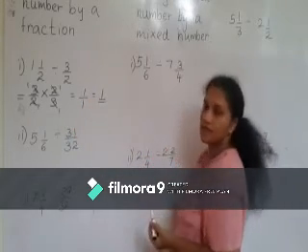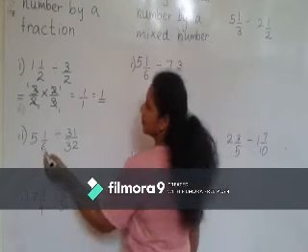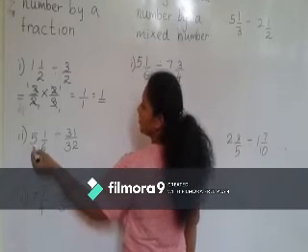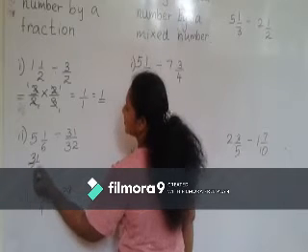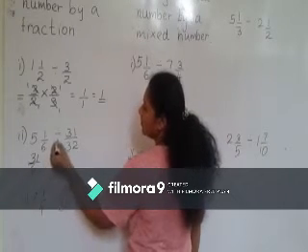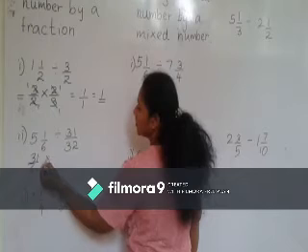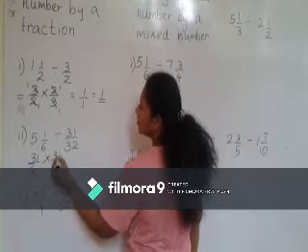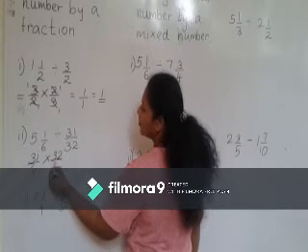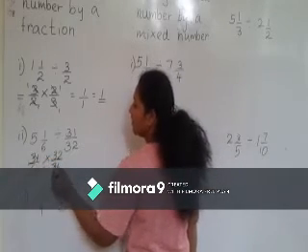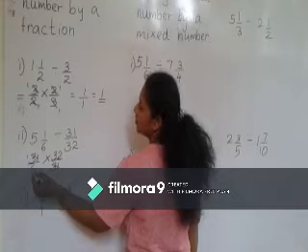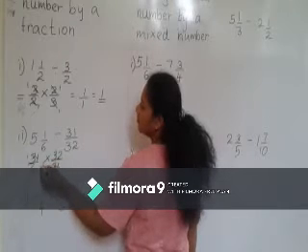1 is the answer. Next, 6 times 5 is 30. 30 added 1 is 31 over 6. Division, we can write it as a multiplication. 32 goes up, 31 goes down. Now, 31 and 31 can cancel. There is 1 row. 6 and 32 can cancel.